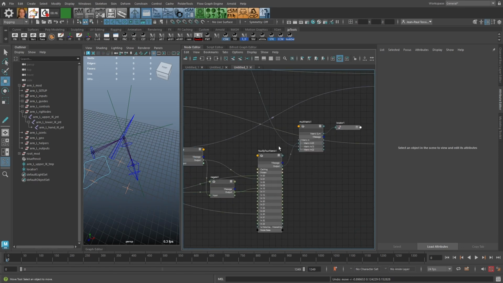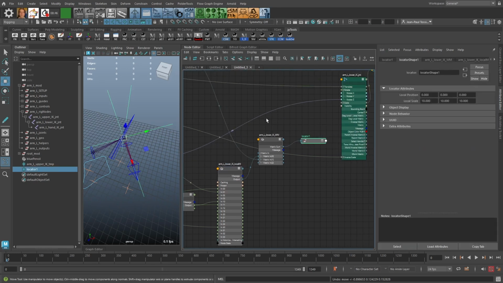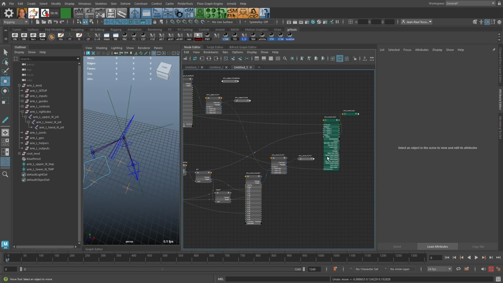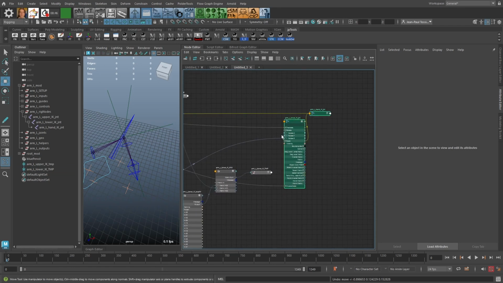And we'll call this the local matrix, and this the world matrix, but it should be lower, and here as well. And this is the lower IK temp locator. Whatever.